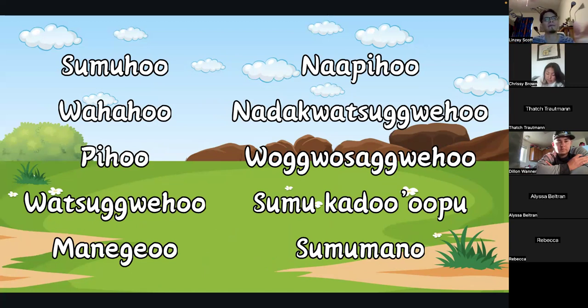And so like what I have written over here on the bottom for 5, the H will drop sometimes and it'll just be manigyu. But this is for all the numbers. So even 4, we would say watsugwiu. Or 1, samu, samu. So the H kind of can just drop off. But yeah, it doesn't have to. And then again, 6, napaihu. 7, narakwatsugu. 8, wogosugwihu. 9, sumakaru.